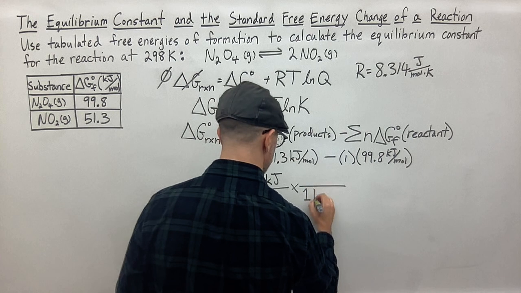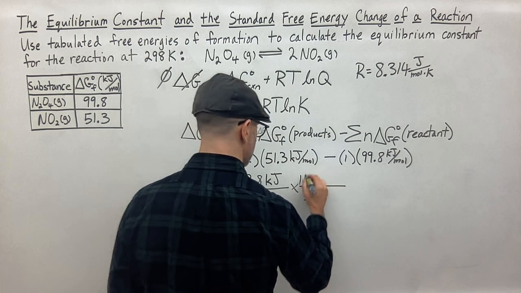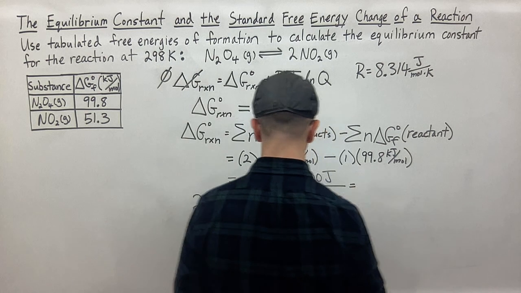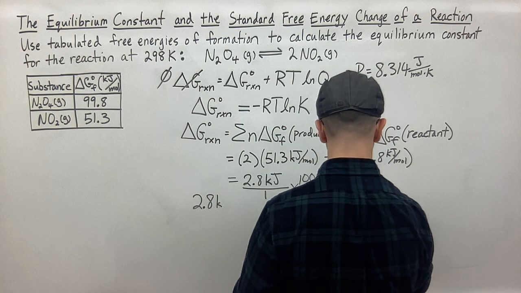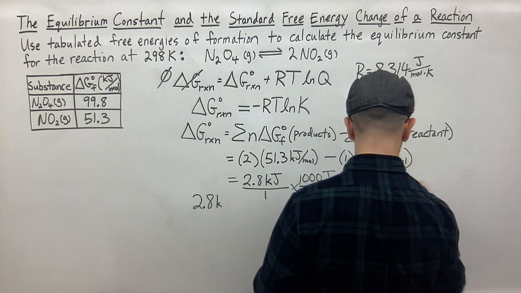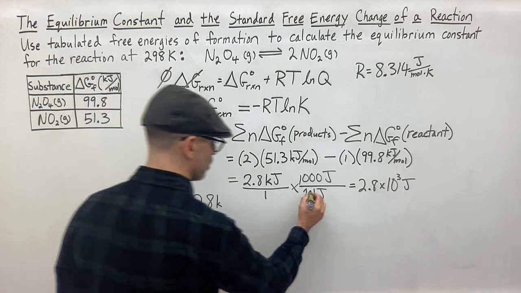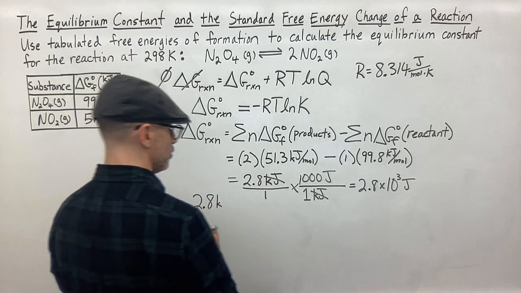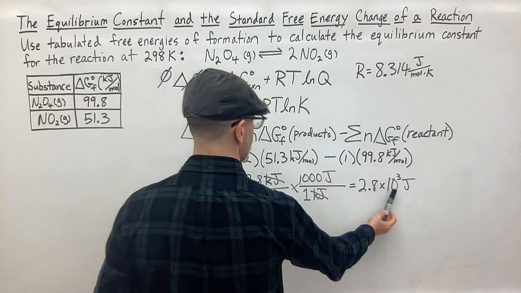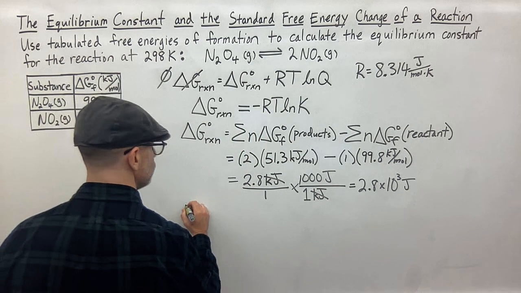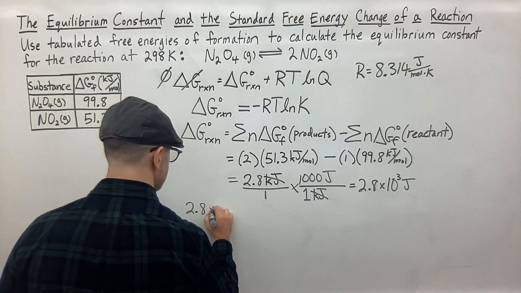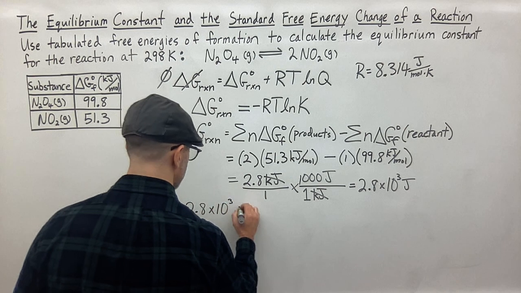So kilojoules cancels out, and this is equal to 2.8 times 10 to the third joules of energy. This is our standard free energy change of the reaction in terms of joules.